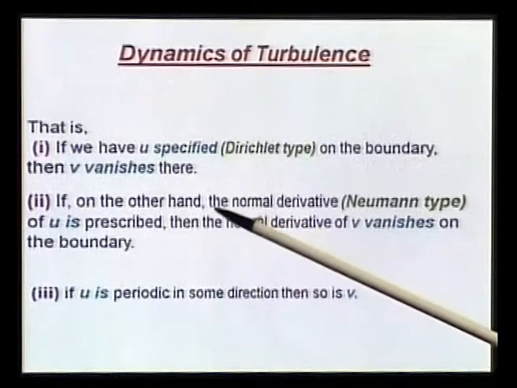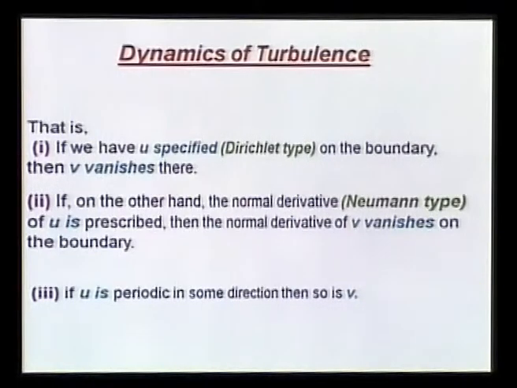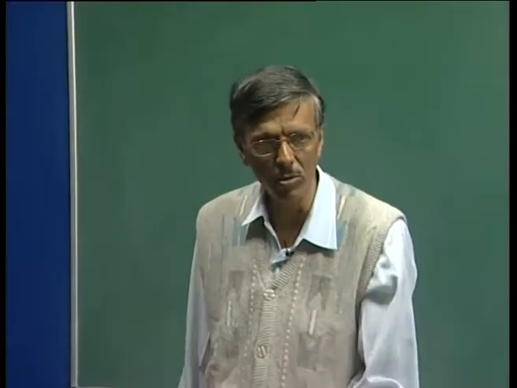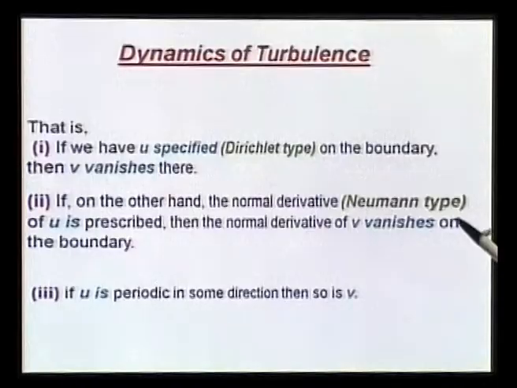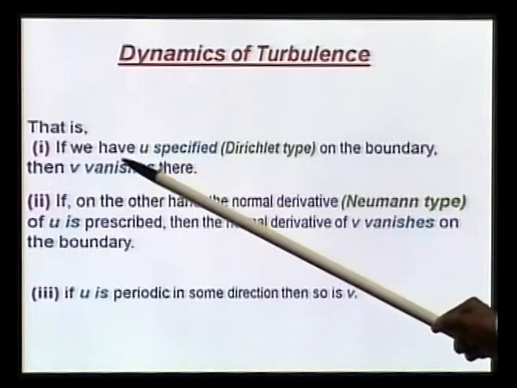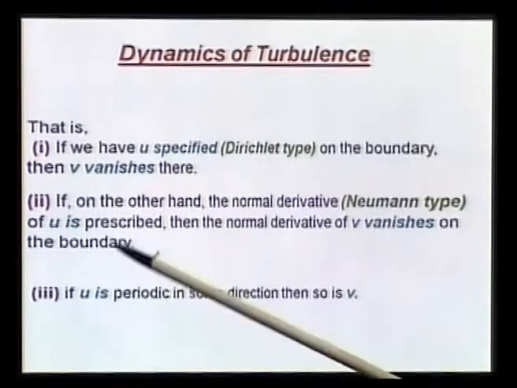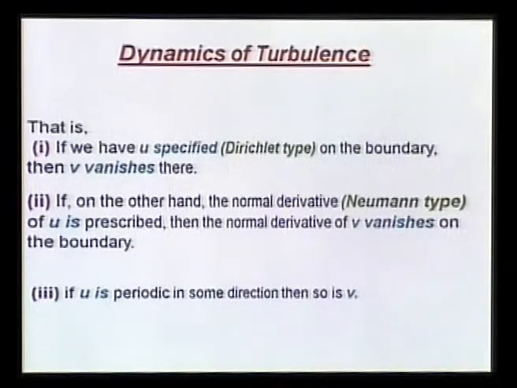If on the other hand, I prescribe some kind of normal derivative for U, then the normal derivative of V will vanish, because whatever the normal derivative is given for the total field, that is also again taken over by capital U. So, V ends up always satisfying homogeneous condition, either in terms of the variable itself in the form of Dirichlet condition, or in terms of derivative condition, the Neumann condition, right.